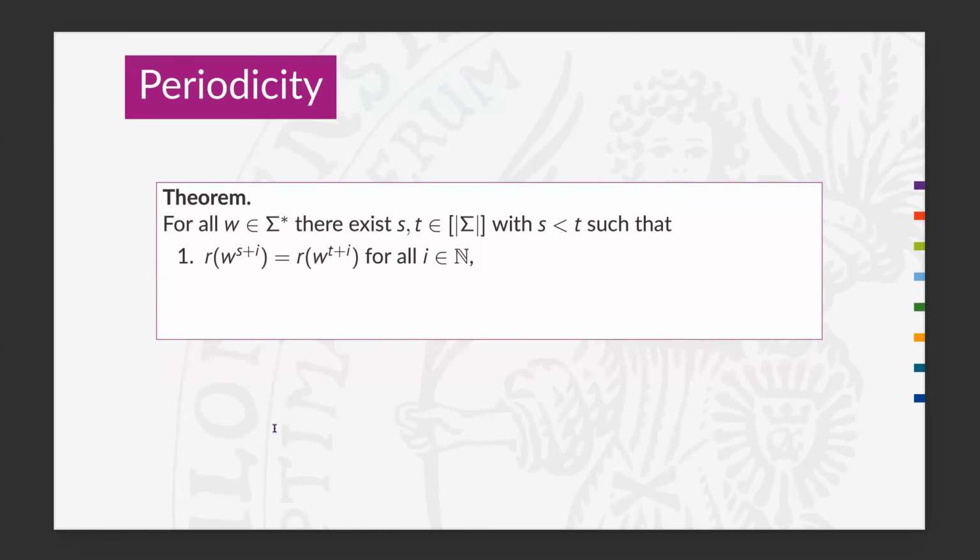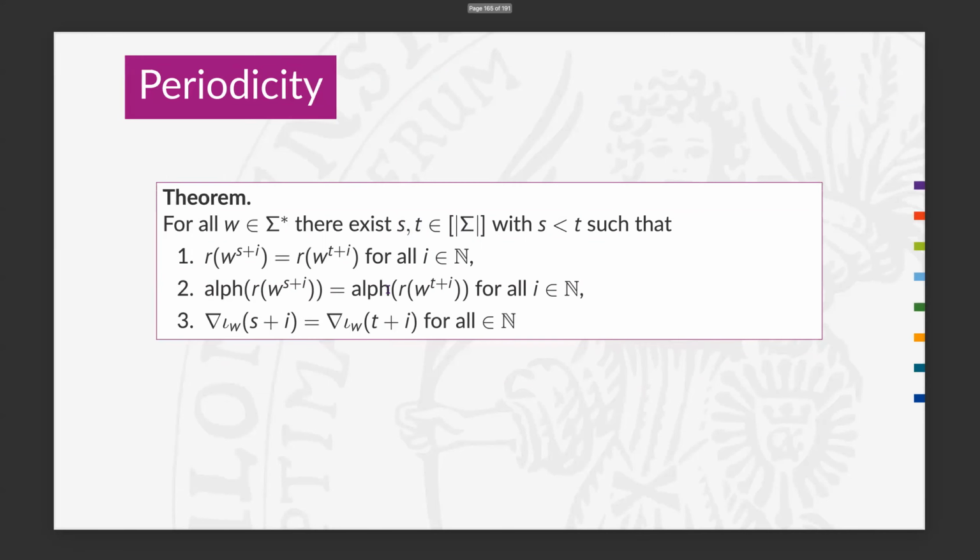So we have a theorem: there exist S and T both smaller than the cardinality, and without loss of generality S is smaller than T, such that the rests are the same, and the alphabets of the rests are the same. And the growth is the same. Okay, beginning at S+1, nabla has a period T minus S.